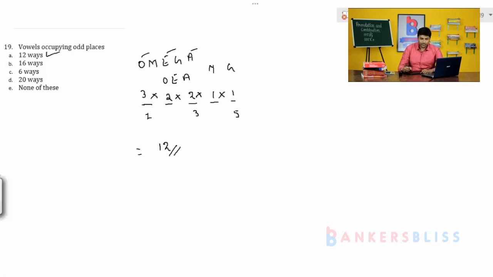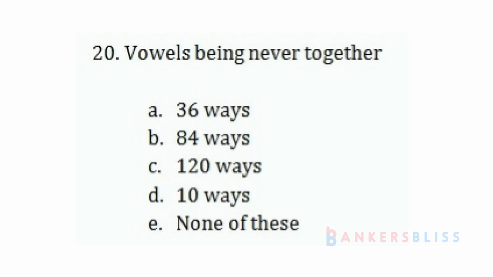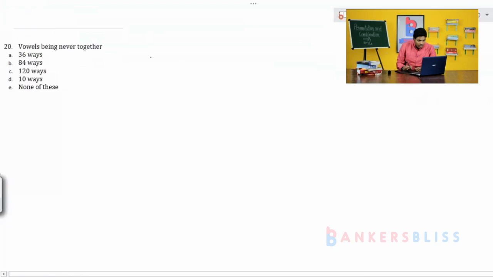Problem number 20. Vowels being never together. See here the word omega, O M E G A. Here the vowels are never together. So which are the vowels we can see here? A, E and O. So vowels should not be together. So how to calculate this one?